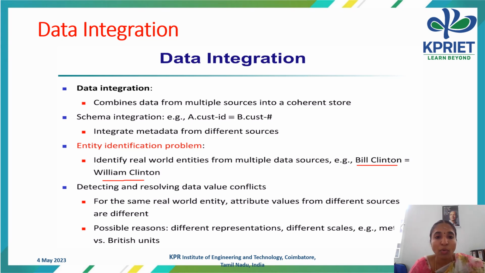So we have to check all those data too, because of different locations, different representations, and different scales. These are the things we have to keep in mind while integrating our data from different sources.